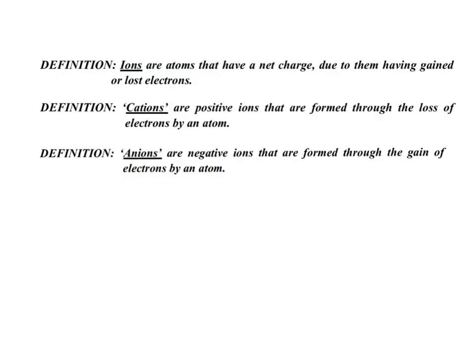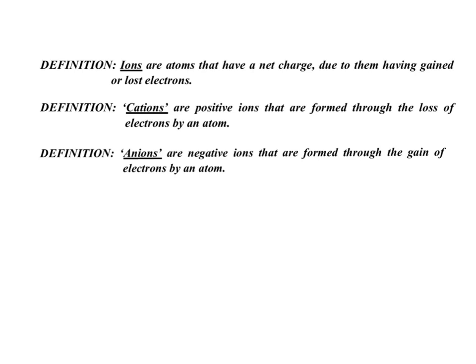These definitions you need to learn for tests and exams. So just to revise these concepts, ions are atoms that have a net charge due to them having gained or lost electrons. So in a test or an exam, the mark allocation for this is usually 2 marks.